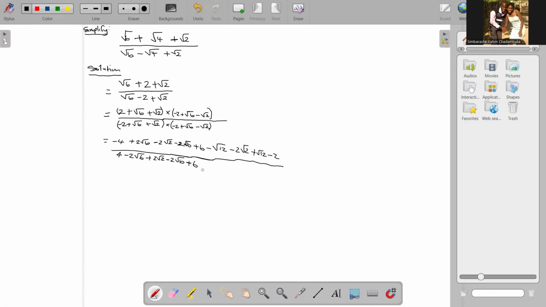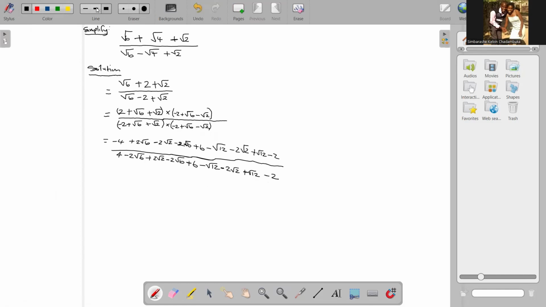This and this, we have a negative root 12. Then we have this and this, we have a negative 2 root 2. Then we have this and this, we have a positive root 12. This and this, we are going to have a negative 2.